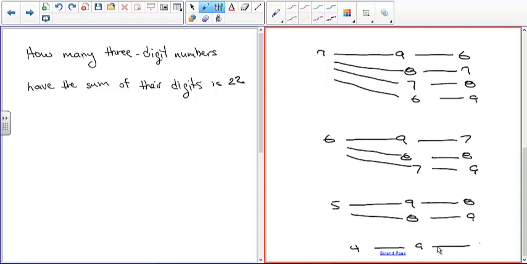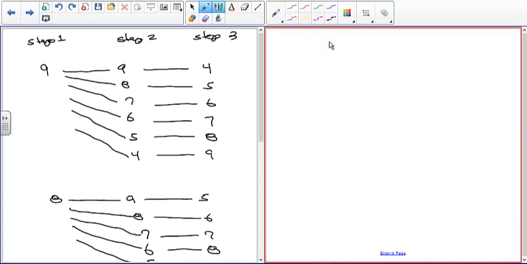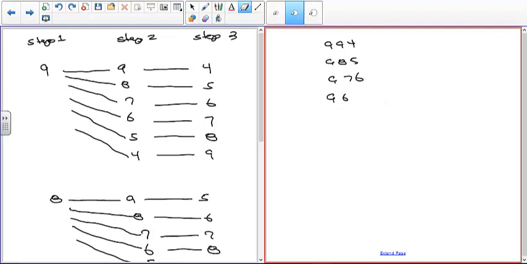So this is kind of like a tree diagram, and then I could list all of these: 994, 985, 976, 965. That went the wrong way. I was trying to see a pattern. I got confused. 958, 949.